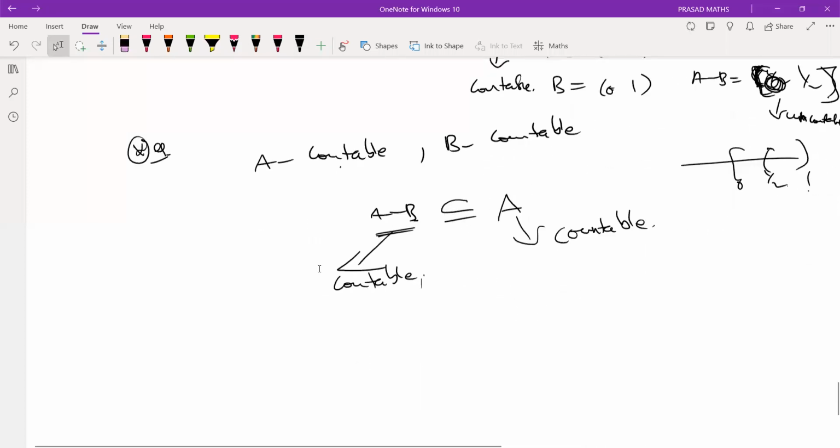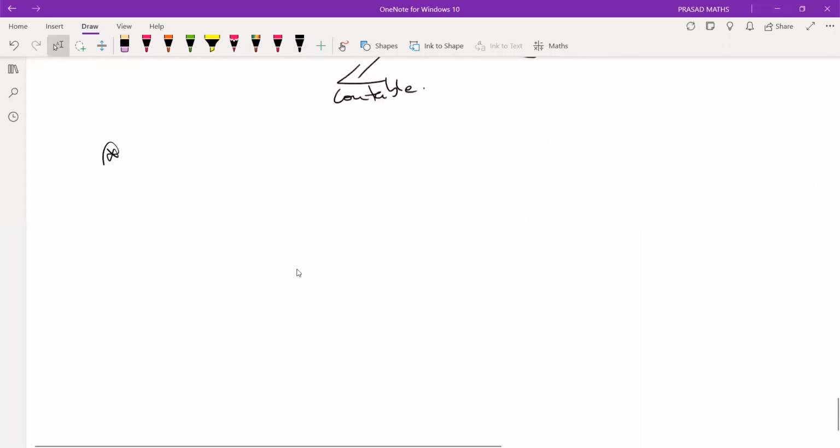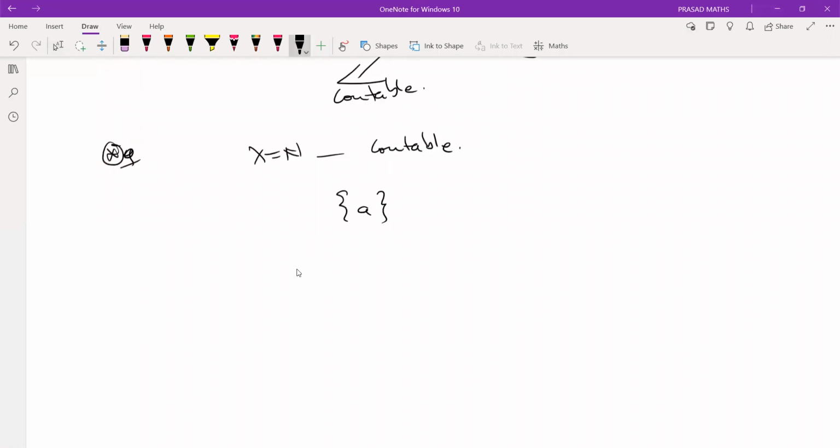Next, suppose you take X as the set of natural numbers. You know this is always a countable set. Suppose I collect only the class of all singletons in N. Is it countable or uncountable? Countable, sir.